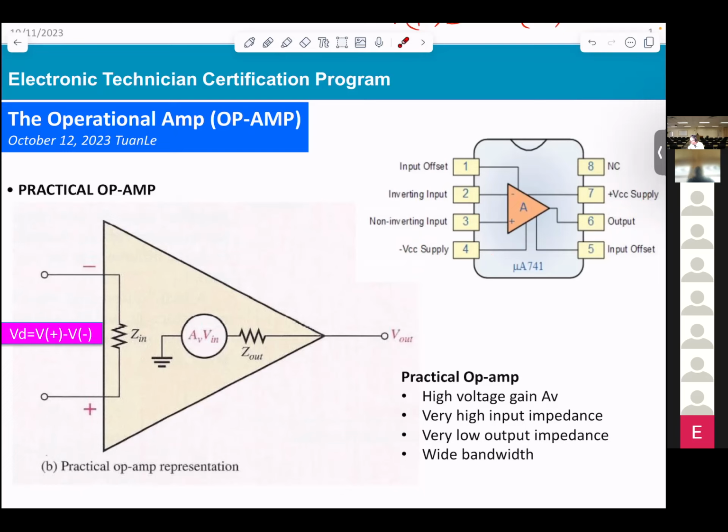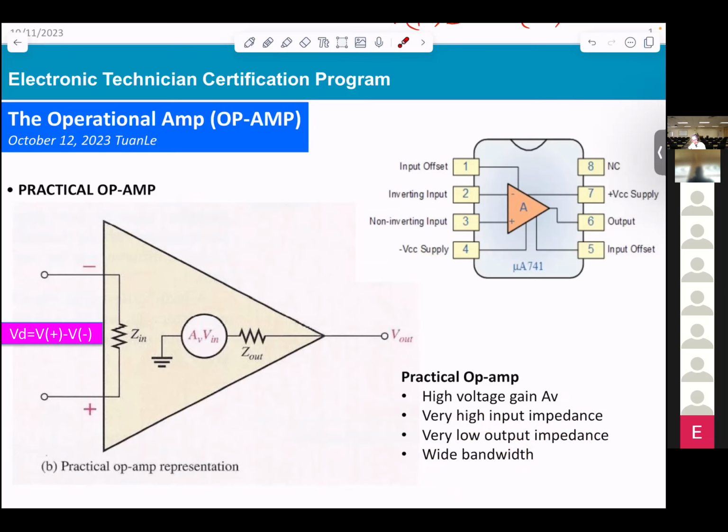Practical op-amp: high voltage gain AV, very high input impedance, very low output impedance, and a wide bandwidth.